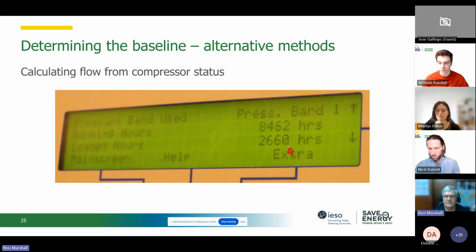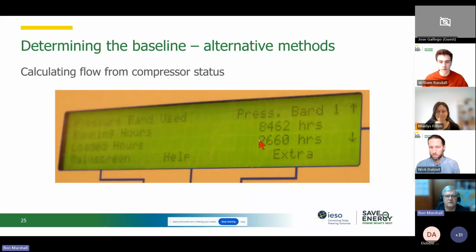I take a look at the ratio of loaded hours to running hours, and I see that loaded hours are a small percentage. That tells me the compressor status, loaded or running, and I can see from that that this compressor is very inefficient because it has quite a few unloaded hours.